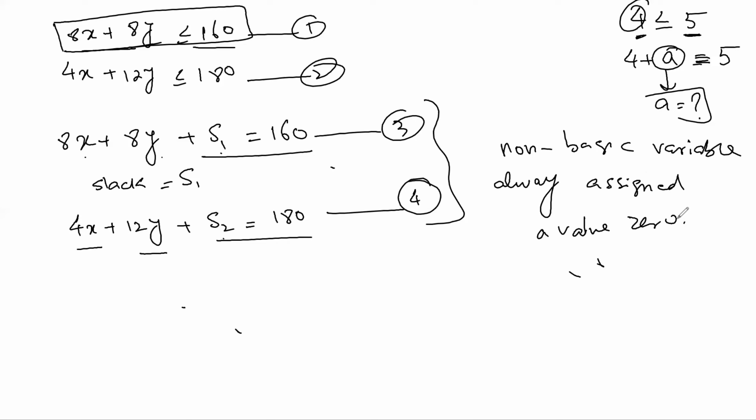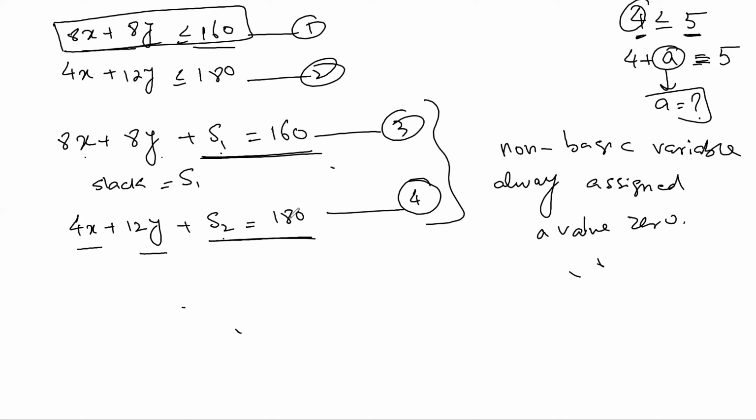Okay. So here we say that our non-basic variables are x and y. If non-basic variables are x and y, then s1 would be 160 and s2 would be 180. This is called our basic standard solution.